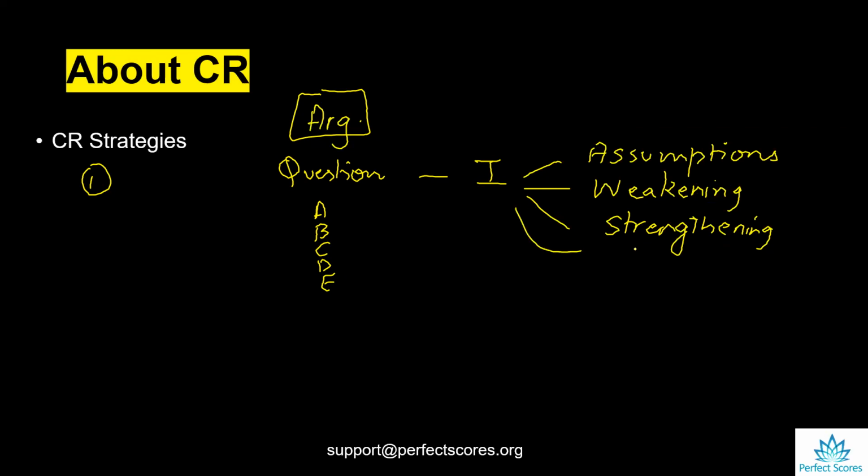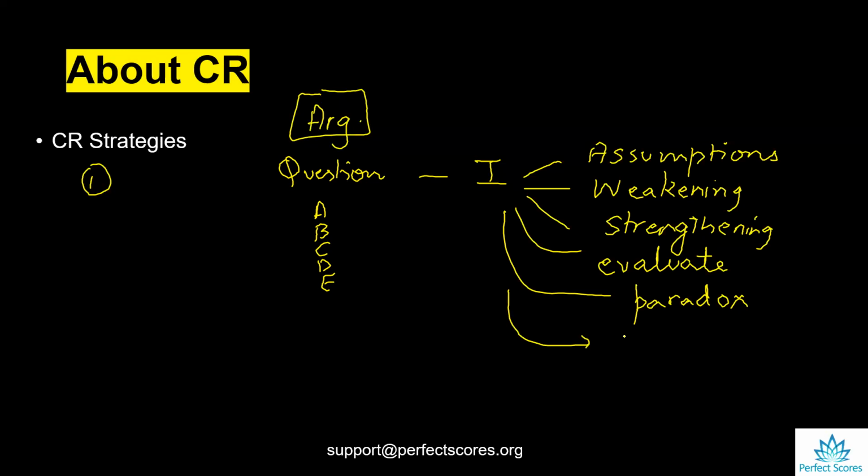And then there are a few other question types, like how do you evaluate the argument? Which of the following options is going to help evaluate the argument? Is it going to strengthen the argument? Is it going to weaken the argument? And sometimes there are arguments that have a paradox, and what you need to do in that question is solve the paradox using the options.